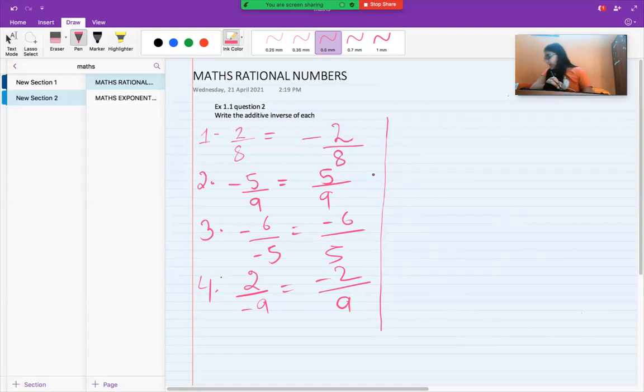Now the last part, the fifth part, is 19 by minus 6. So it will be 19 by 6.